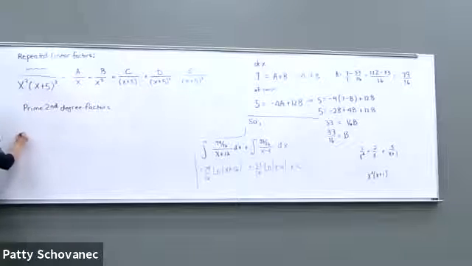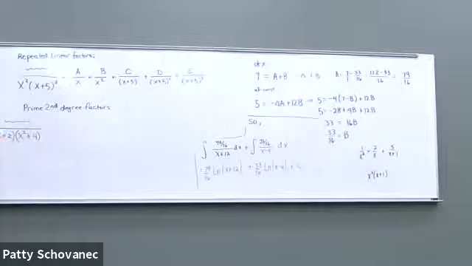For instance, I might have something like an x squared plus 4 as one of my factors. And maybe I'll have an x plus 2 down here. And I want to find the partial fraction decomposition of that. This is a linear factor. This is a prime second degree factor. If I had a minus sign between the x squared and the 4, I can factor it. But x squared plus a number is prime.